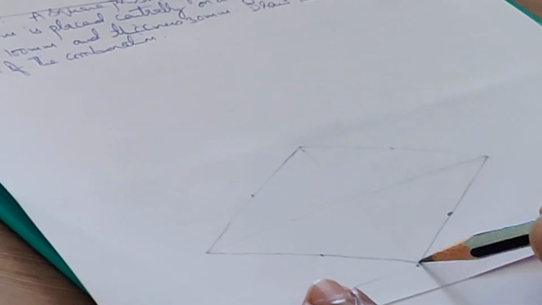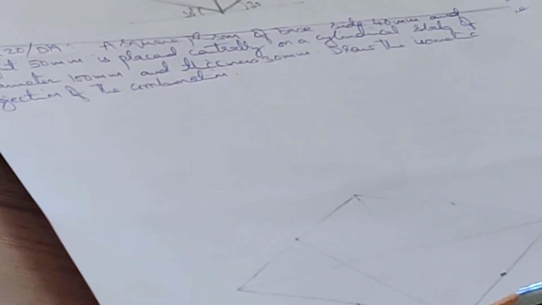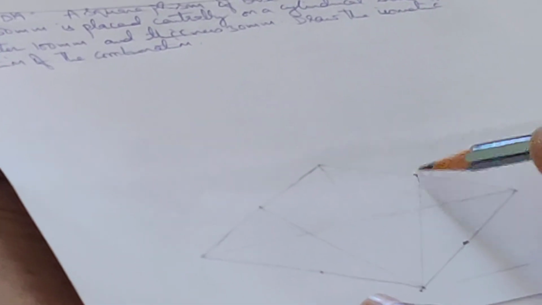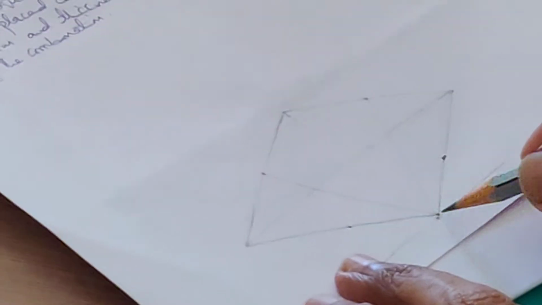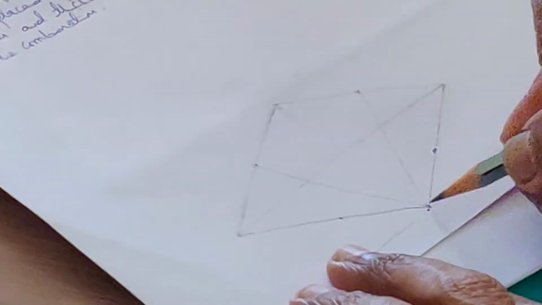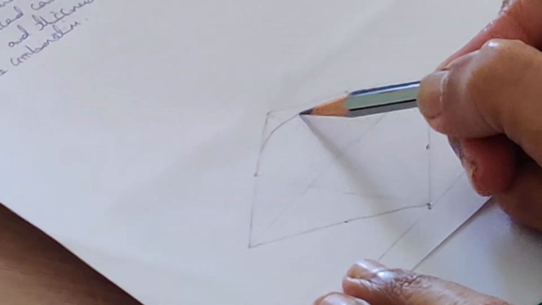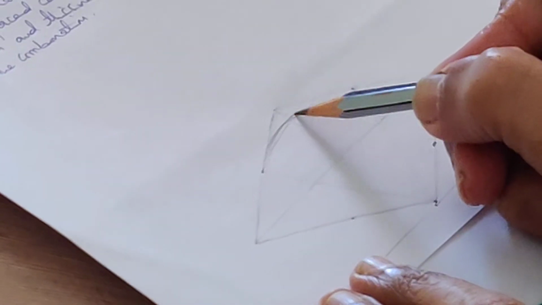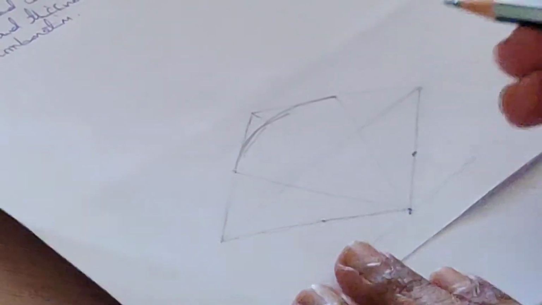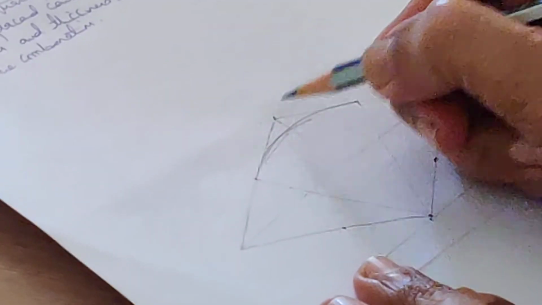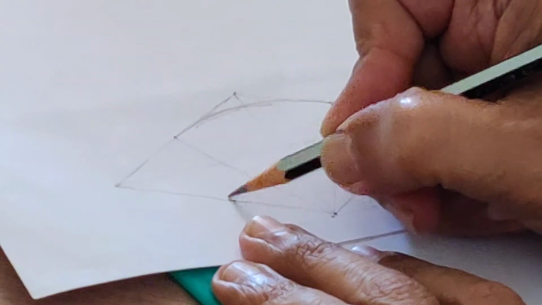Now this is going to be your first center and these are the radial lines. You are going to draw an arc with this as center and this length as radius. Let me draw the arc using a light line. You are going to use your compass to draw this arc. Now comes the second center. This is the second center. These are the radial lines.